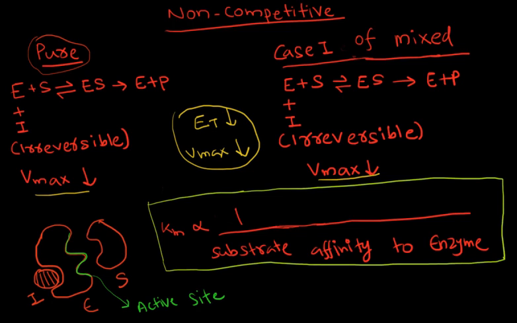So in case of a pure non-competitive inhibition, whenever the inhibitor binds with the enzyme, although it binds irreversibly, it does not affect the shape of the active site. So the binding of the substrate to the enzyme is not affected.